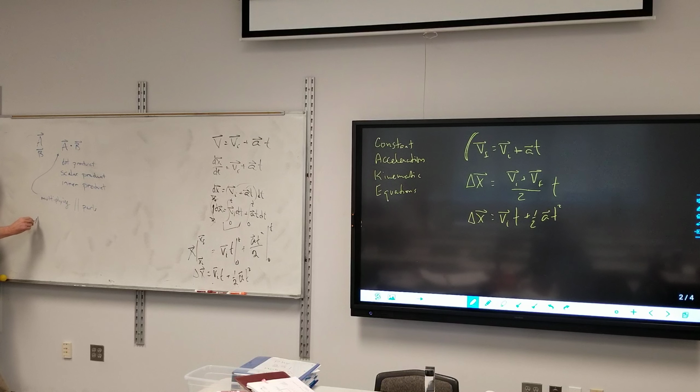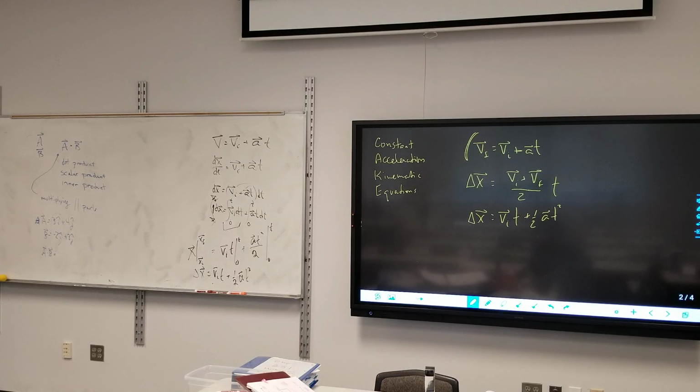So if A is 3i hat plus 4j hat, and B is negative 2i hat plus 3j hat, if I do a dot product, I multiply the parallel parts.